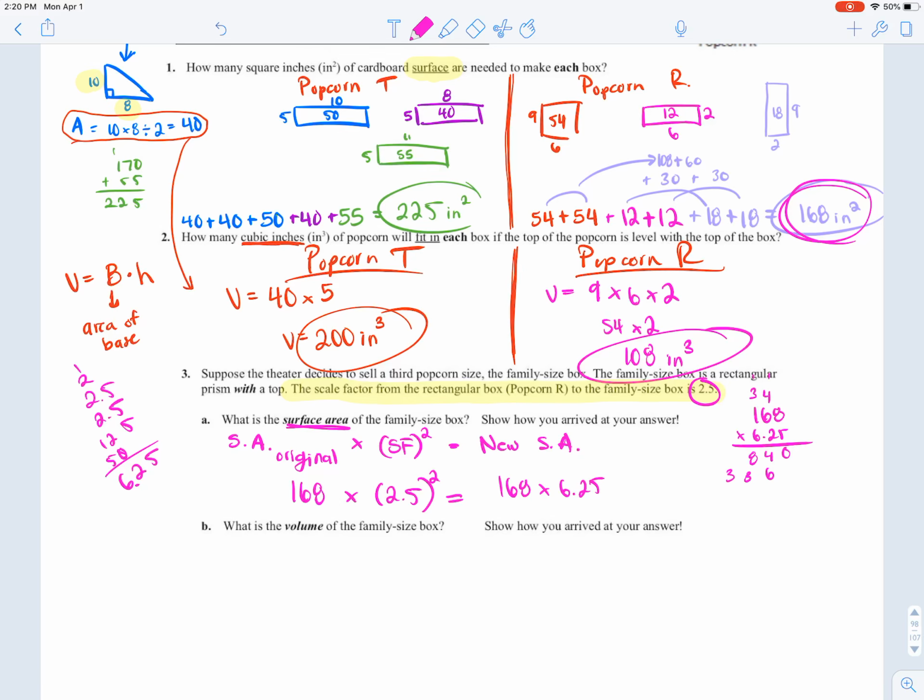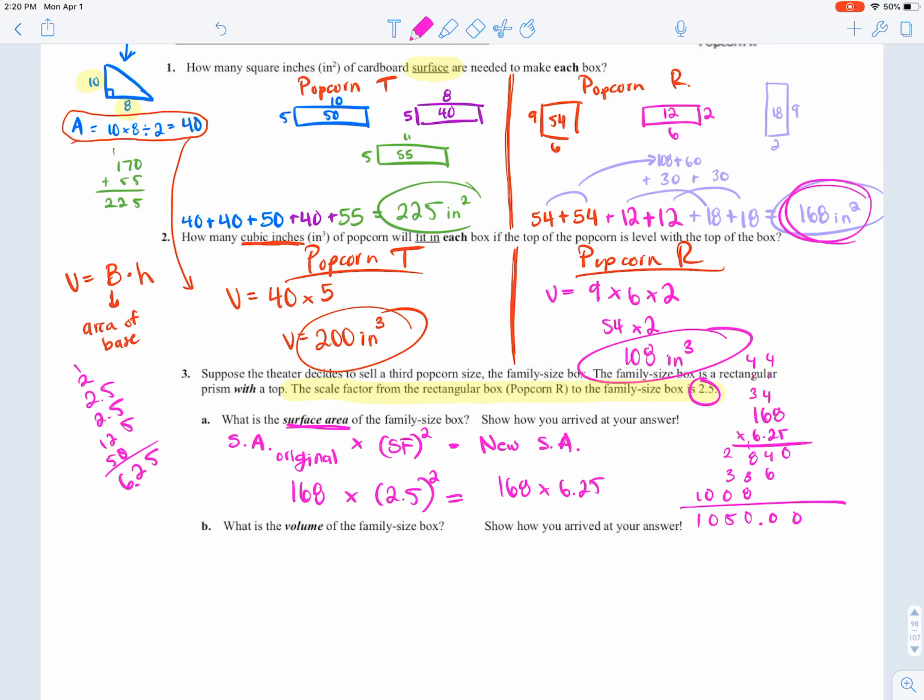Ooh. Alright, and then 6 times 8 is 48. 6 times 6 is 36, plus 4 is 40. 6 times 1 is 6, plus 4 is 10. And then we're going to add all these together. I really hope my math is correct. 16, 20, 5, 0, 1. Please double check my math here.